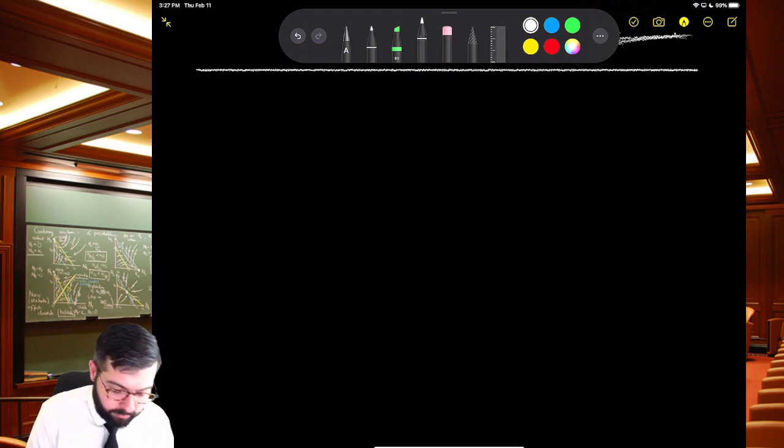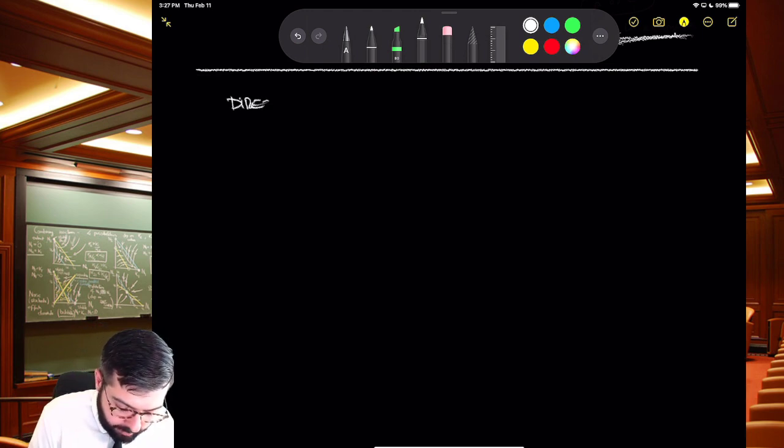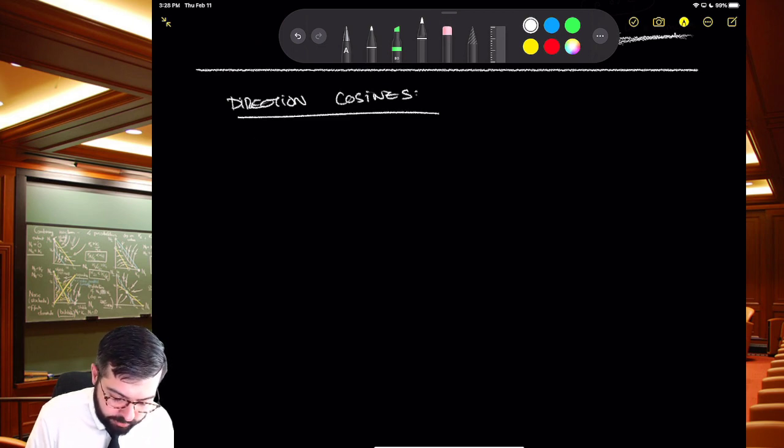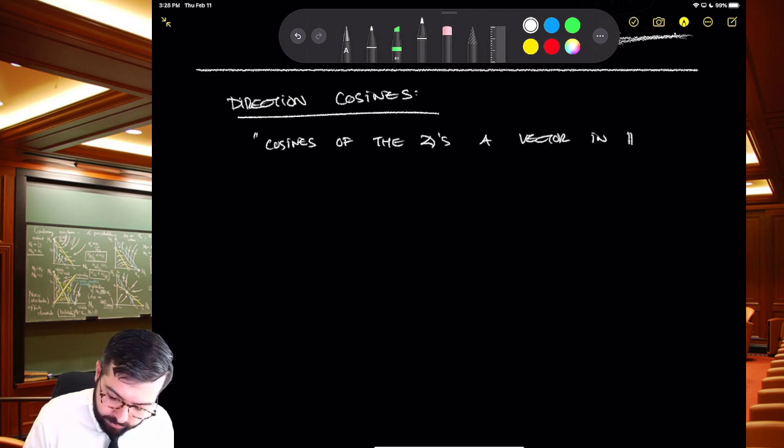I'm not going to cover this too in depth either. The direction cosines. And this is really the cosines of the angles a vector in R3 makes with the coordinate axes.